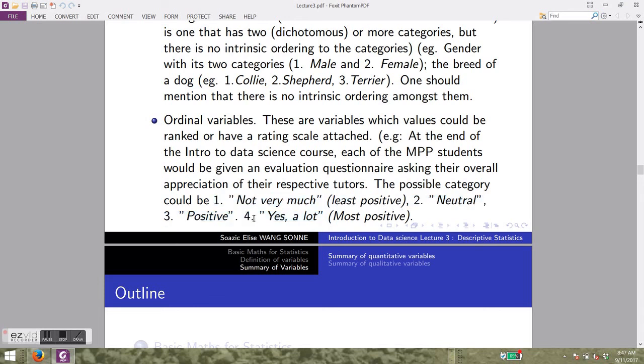So 4 is greater than 1, as 3 is greater than 1. So you can actually assign a scale, right? So not very much is the lowest grade per se, whereas 4 is the upper grade, so the highest grade that a tutor can have.